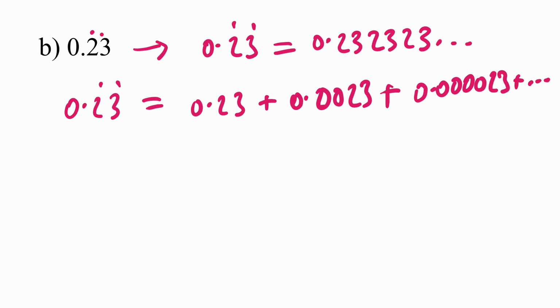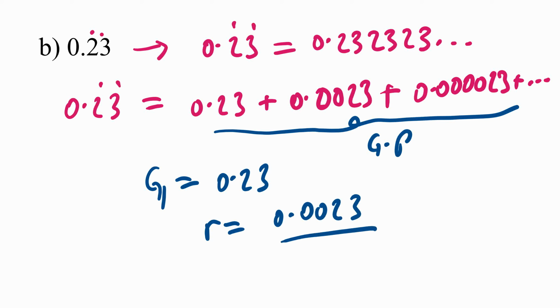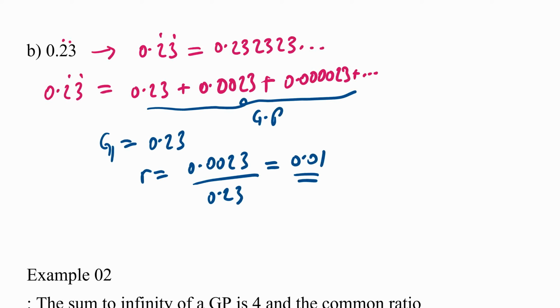We can see that this is a geometric progression, and we have g1 equals 0.23. The common ratio equals 0.0023 divided by 0.23, so 0.01 is our common ratio.